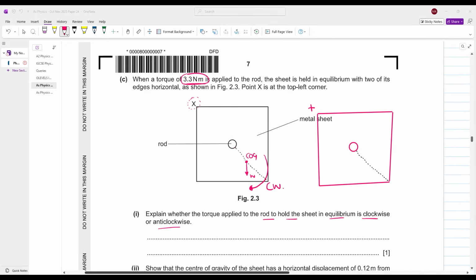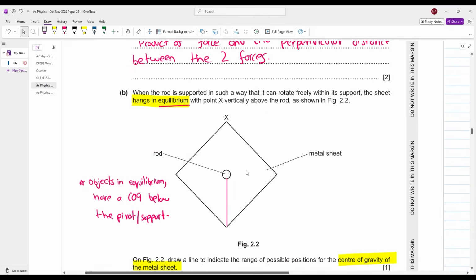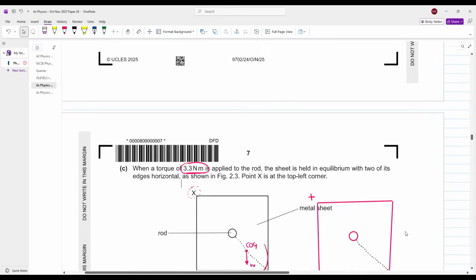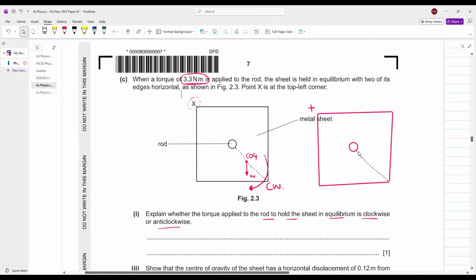देखो वापस से समझ लो. फर्स्ट ऑफ ऑल हमने क्या किया, हमने यहाँ पे आइडेंटिफाई कर लिया कि if your object is in equilibrium, your center of gravity will lie below the support. फिर हमने एक सेम शेप बनाया और रोटेट किया. If you see, the center of gravity is lying on this dotted line. If the center of gravity is lying on this dotted line, the weight will act somewhere on this line. बेटा, अगर weight somewhere on this line act करेगा तो it will cause a clockwise movement.